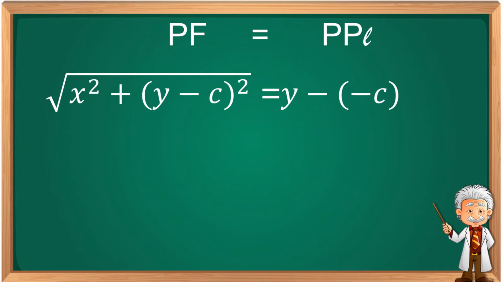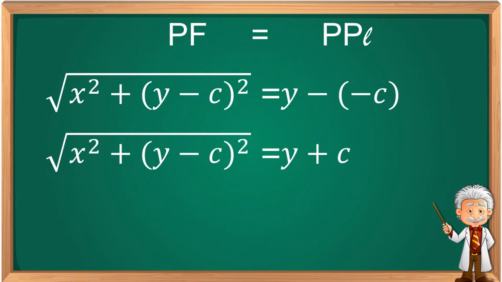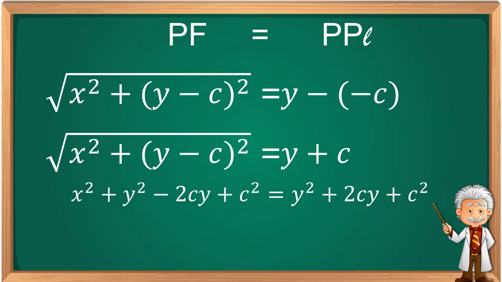Next, the square root of x squared plus the quantity y minus c squared is equal to y plus c, negative times negative, kaya siya naging positive dito. Next, let us square both sides of our equation. So we have x squared plus y squared minus 2cy plus c squared is equal to y squared plus 2cy plus c squared.